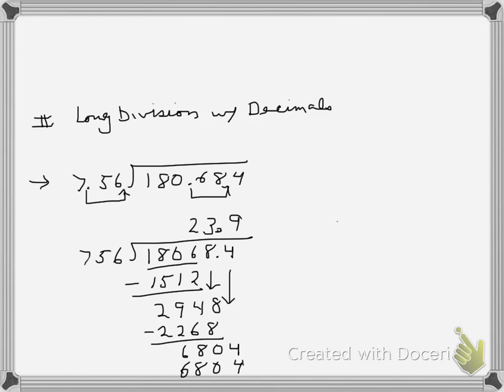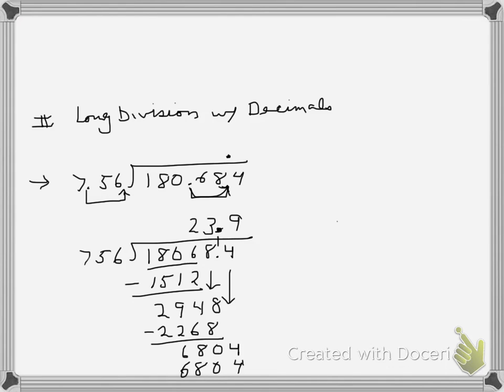Notice I've put my decimal straight up from where I've moved it to. I did not have to rewrite it here. I could have just done this up here and placed the decimal, and then I'm treating it like a whole number.